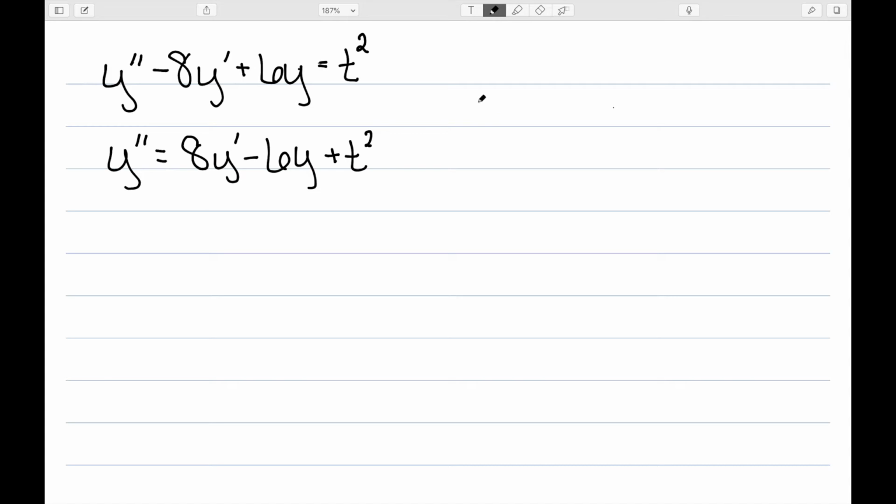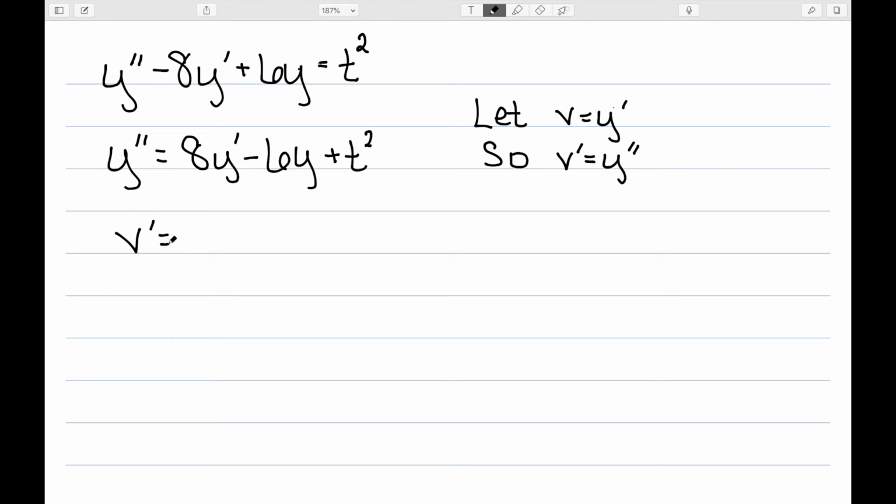And then I'm going to introduce a new variable. I'm going to let v be equal to y prime. And since v is equal to y prime, if I take the derivative of both sides, v prime needs to be equal to the second derivative. So I can rewrite this.